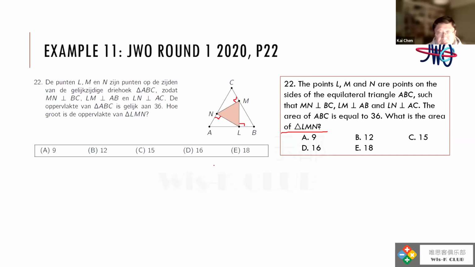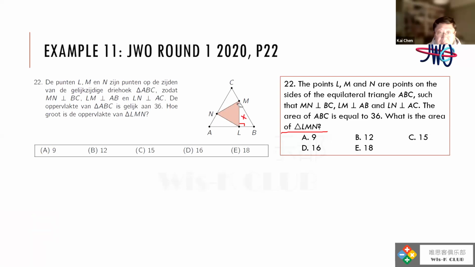And to find it, we can have 2 solutions. One is that we know the area of ABC, and we find the area of each triangle here, and then we subtract 3 times such triangles. That's doable. Another solution is that we know LMN is also a regular triangle, ABC is also a regular triangle, so they are similar, right?